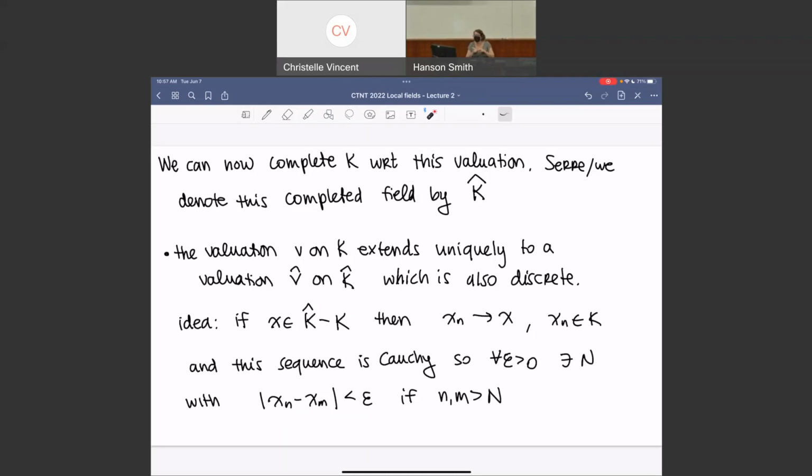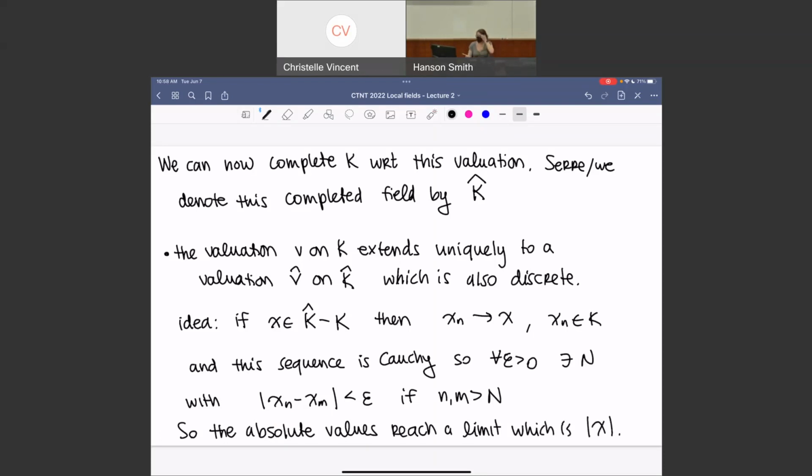That's how much I'll value you. Okay. So the absolute values reach a limit.